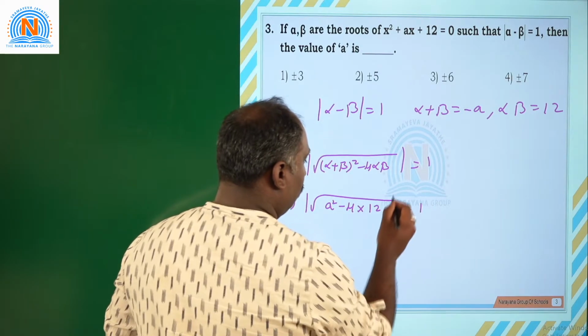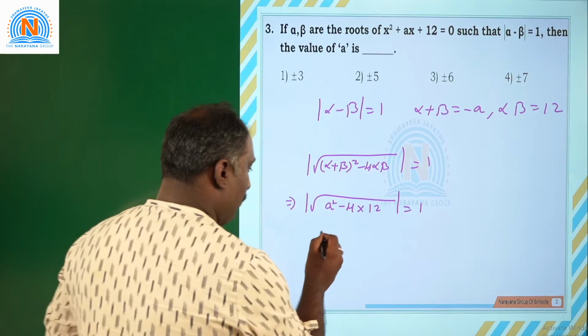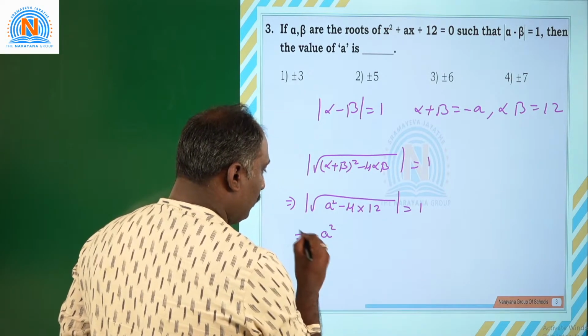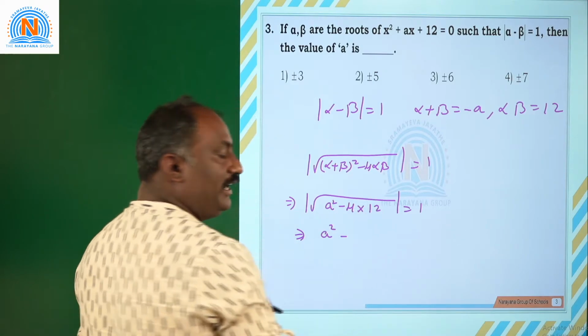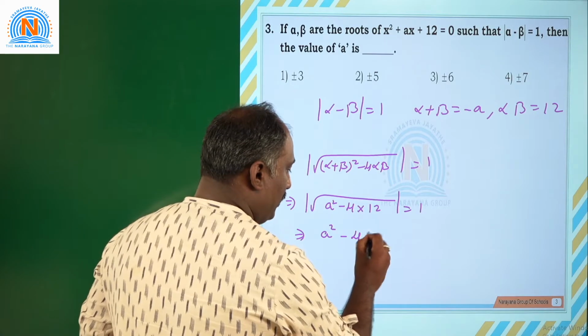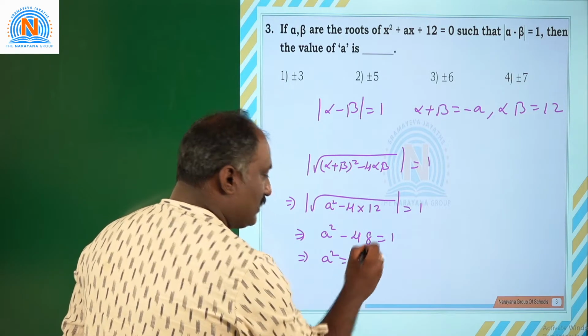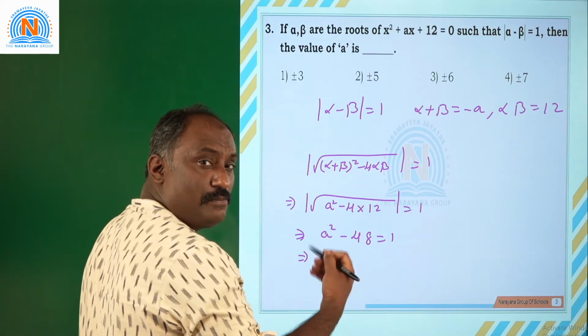This is equal to 1. If I square both sides, I get a square minus 4 into 12, 4 into 12 is 48, equal to 1. Here we get a square; sending minus 48 to that side it becomes plus 48.